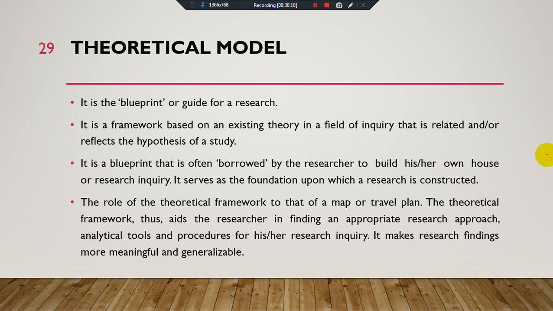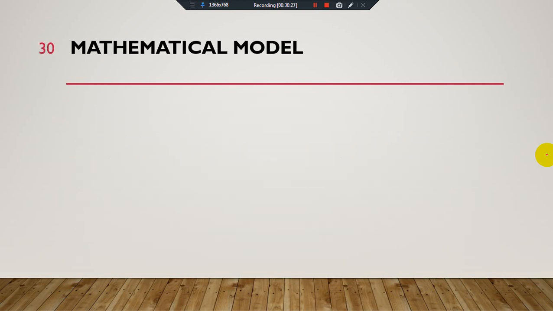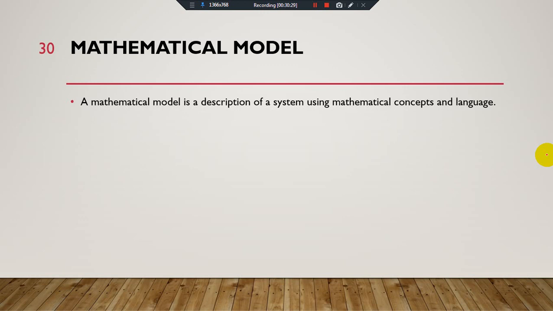So you have some theoretical model or theoretical ideology in your mind, but keep it in mind that the conceptual framework and theoretical model cannot give us the measurement tool. So for the measurement of the variable, you have to rely on the mathematical model.